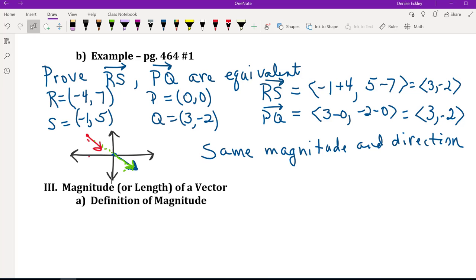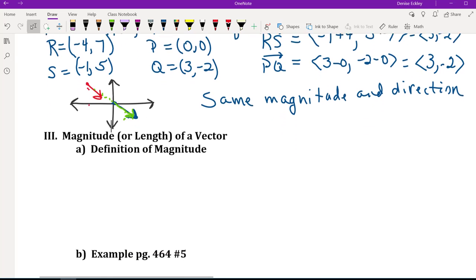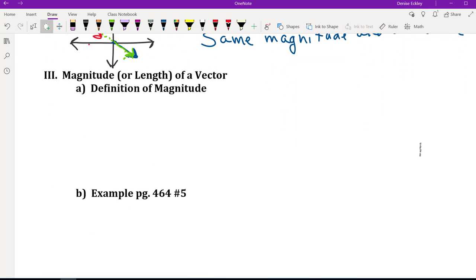Okay, so part 3 says magnitude of a vector, definition of magnitude, and that's a word we've been throwing around here.